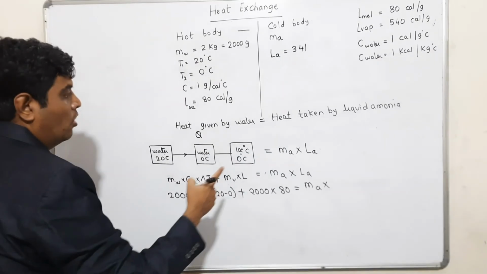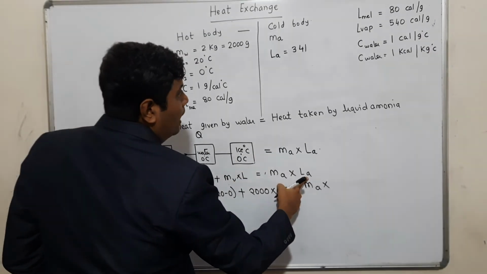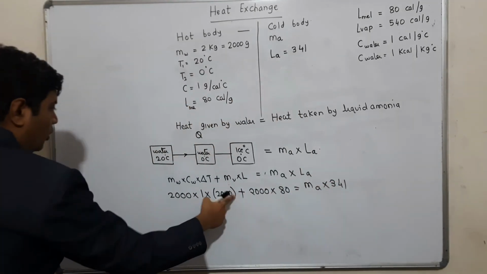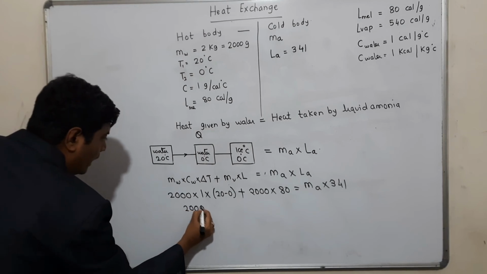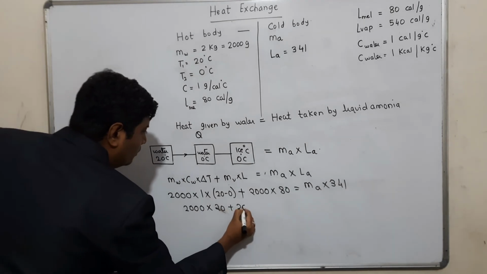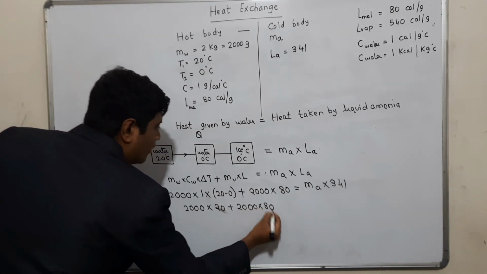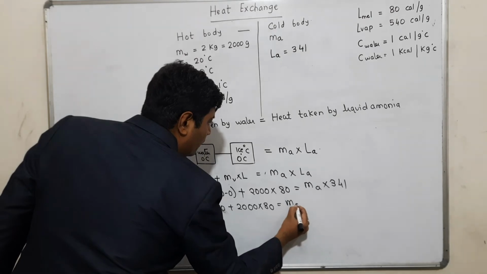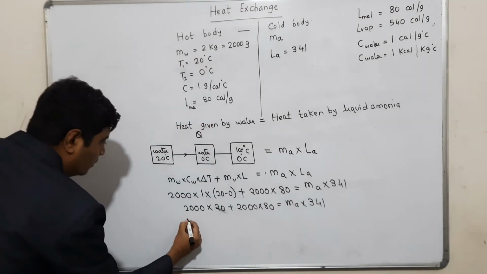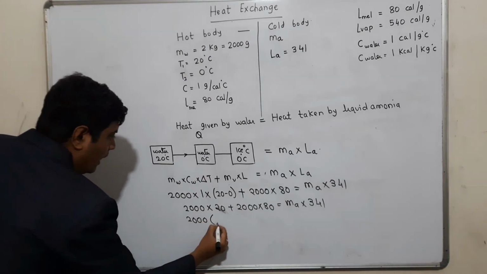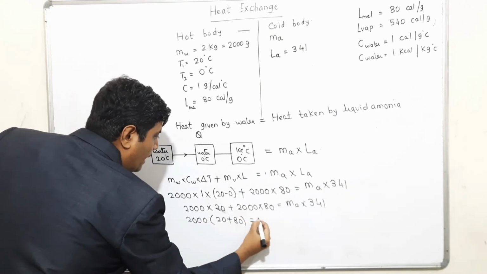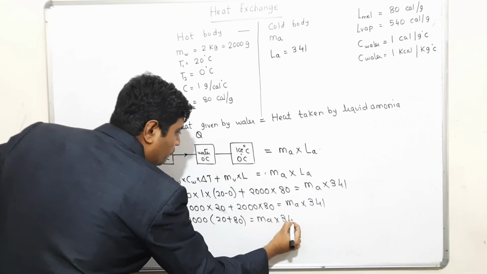What is L of ammonia? Ammonia L, it is given as 341. So what do you get over here? 2000 into 20 plus 2000 into 80 is equal to Ma into 341. 2000 common you can take, and 20 plus 80 is equal to Ma into 341.